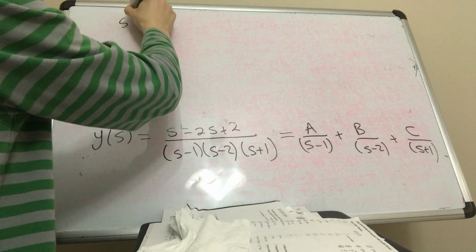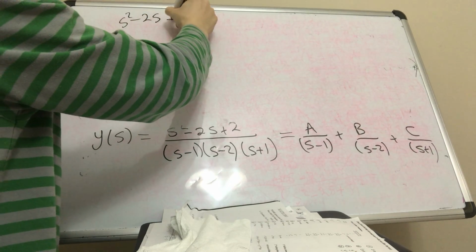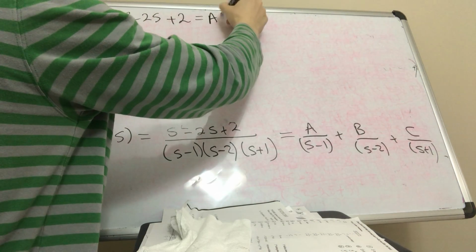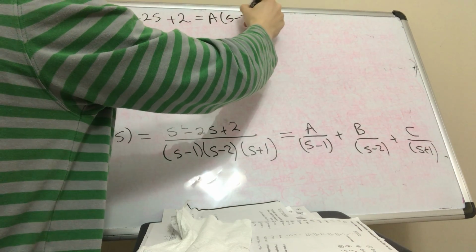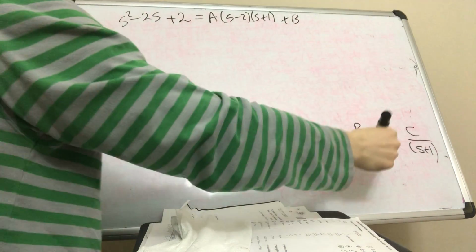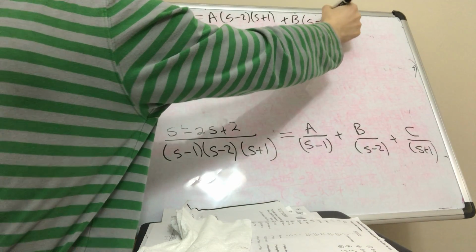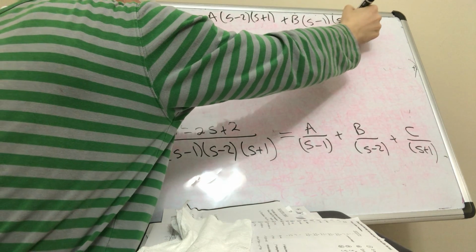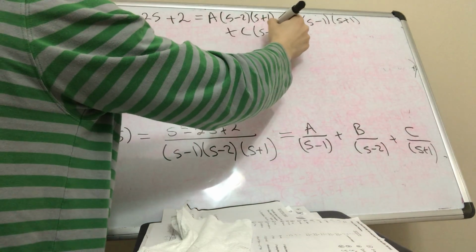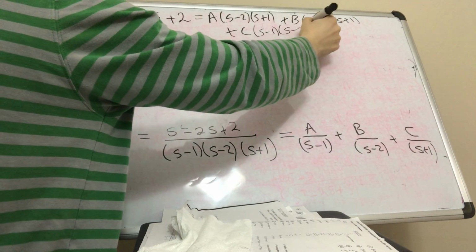So you have s squared minus 2s plus 2. A needs s minus 2 and s plus 1. B needs s minus 1 and s plus 1. And C needs s minus 1, s minus 2.